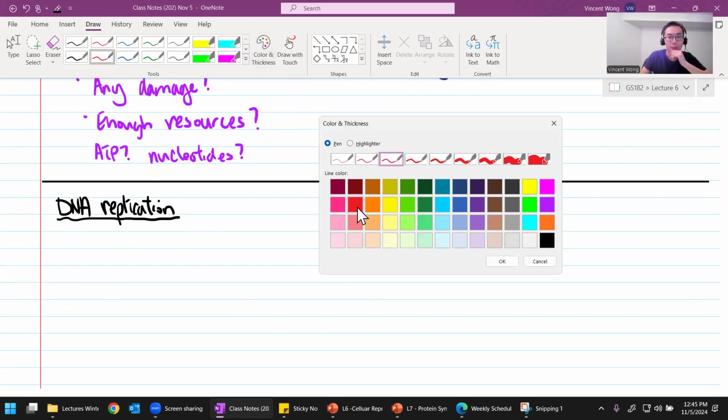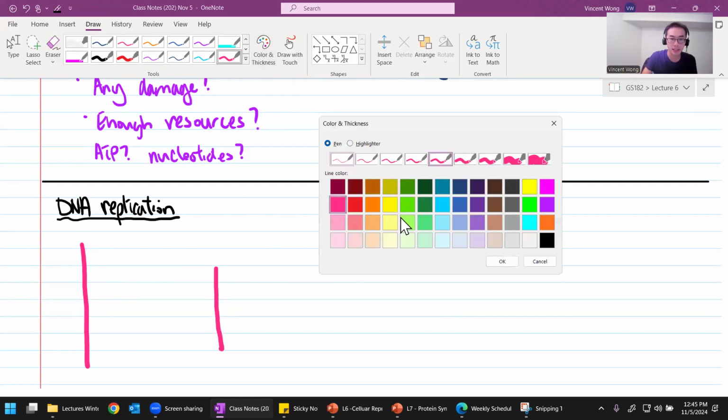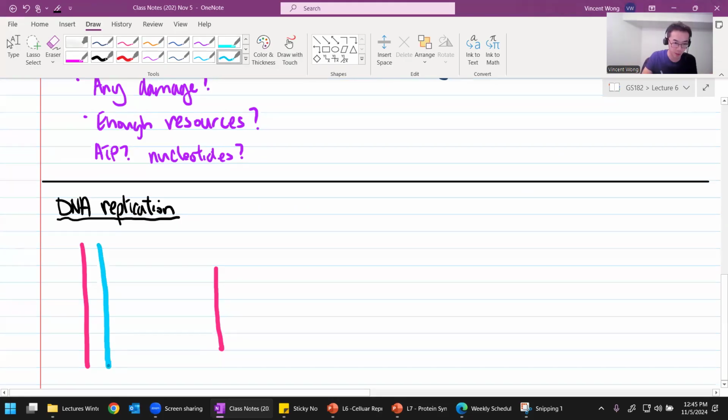So, we inherit half of our chromosomes from our mom, and half from dad, right? So here is the maternal copy of chromosome 1, the paternal copy of chromosome 1, then the maternal copy of 2, and the paternal copy of 2.